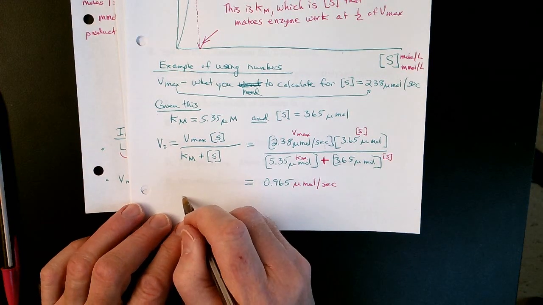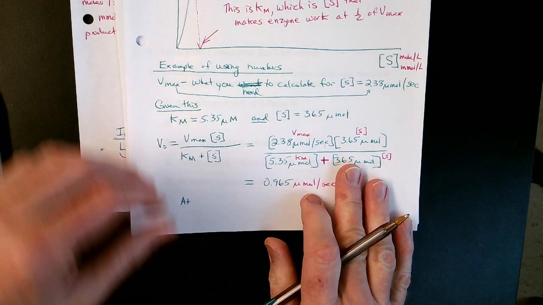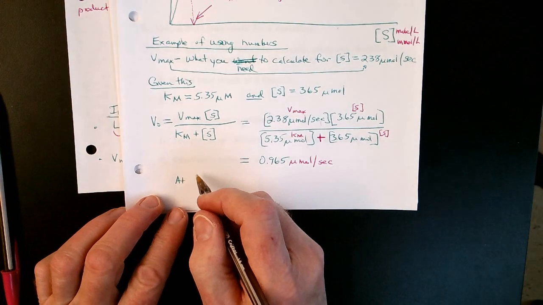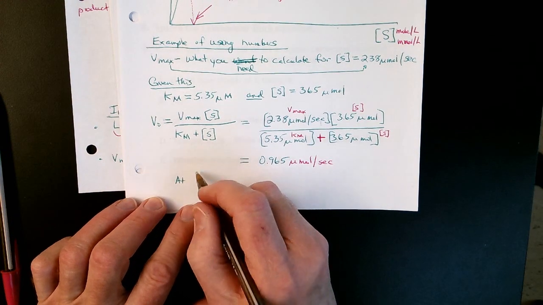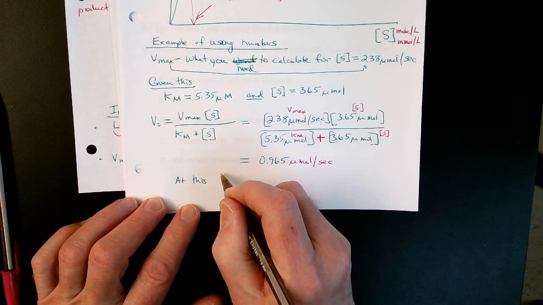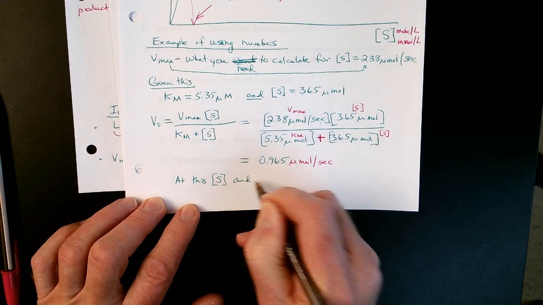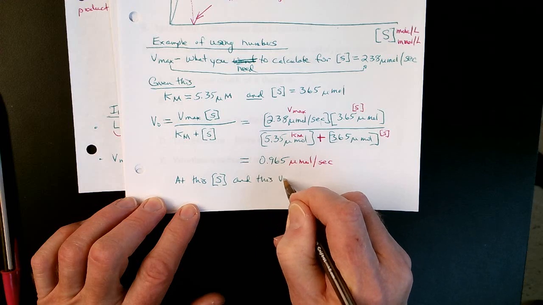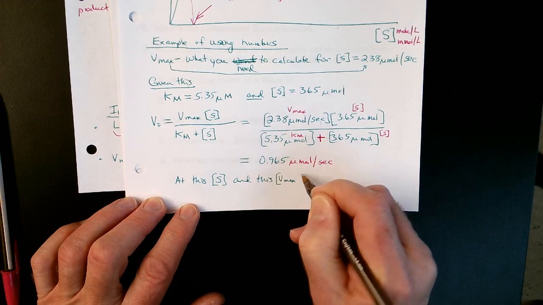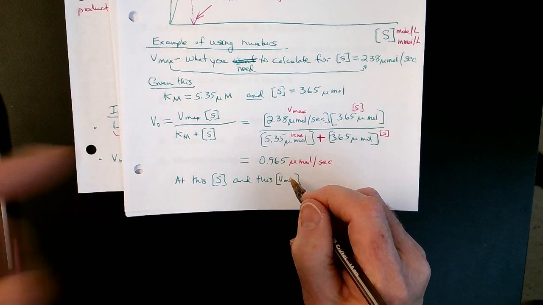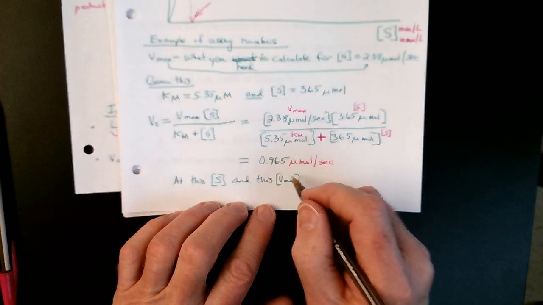So the kind of word interpretation you put on it would be something like this. At this substrate concentration and this Vmax, there's a certain amount of substrate available, and the enzyme is capable of only delivering so much.